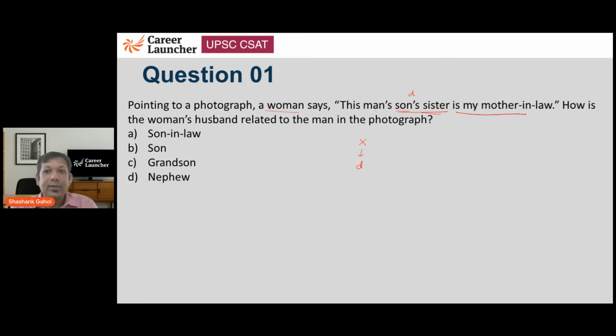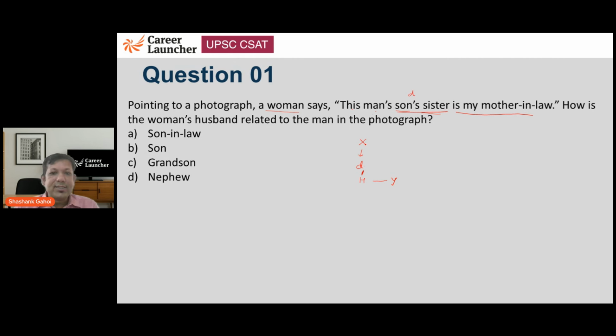The daughter is my mother-in-law, meaning whose mother-in-law? Mother-in-law is husband's mother. Let's say that lady is Y. So Y has a husband, and this is the mother of the husband, right? So in that case, D is going to be the mother-in-law of Y. मतलब जो D है वो Y की सास है, right?